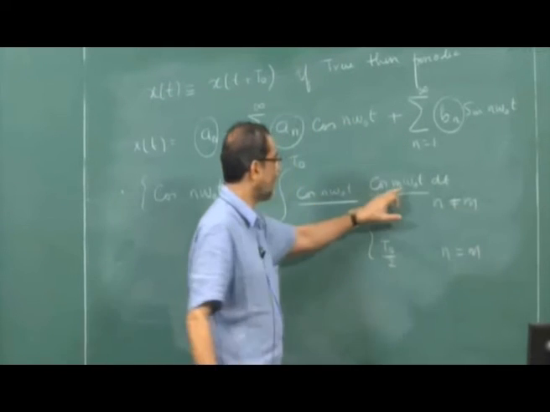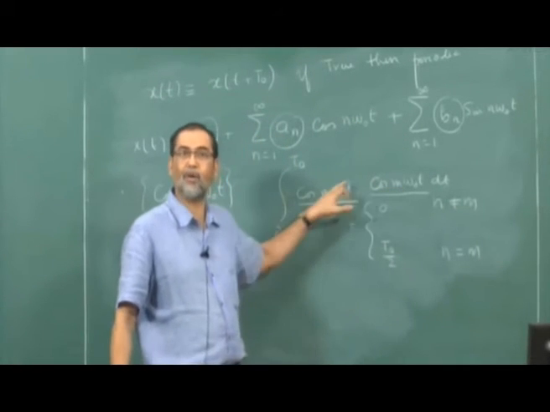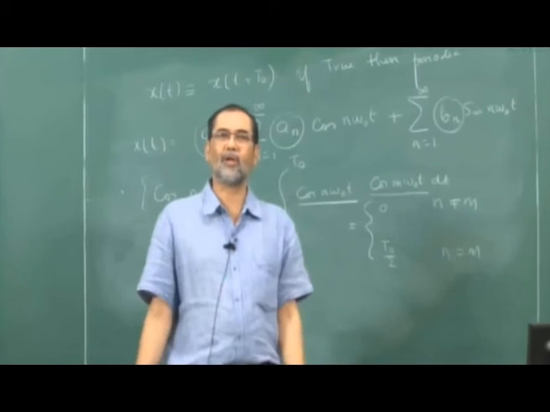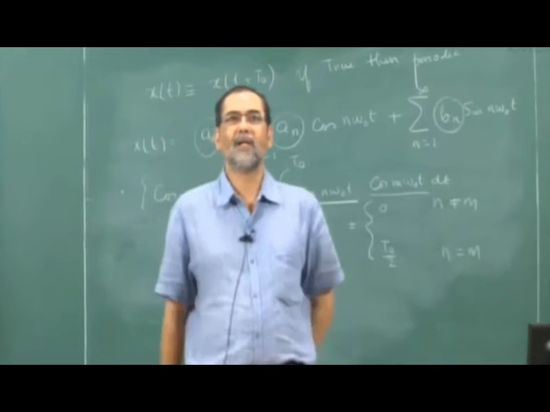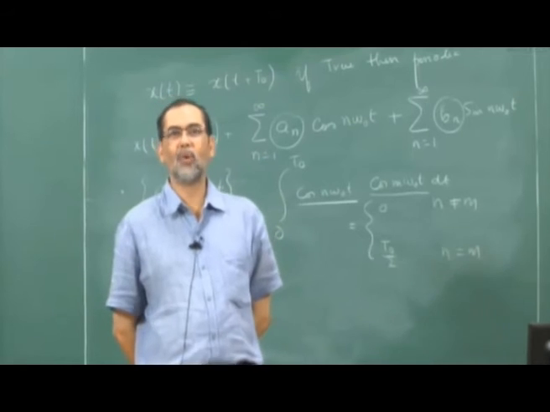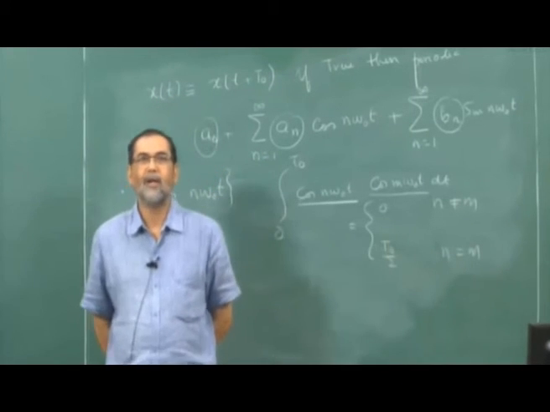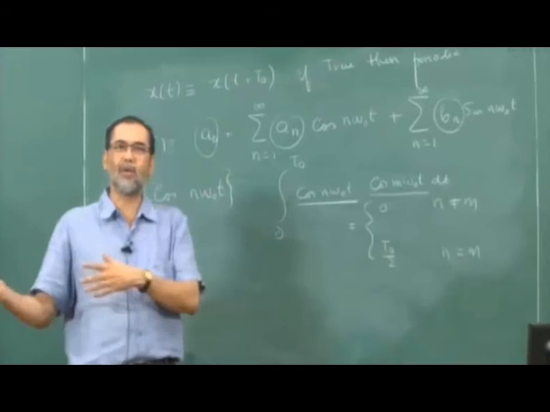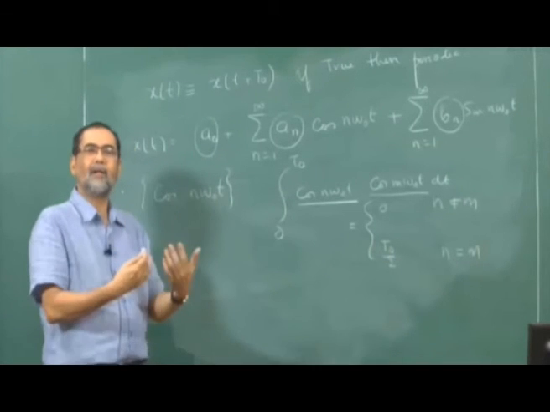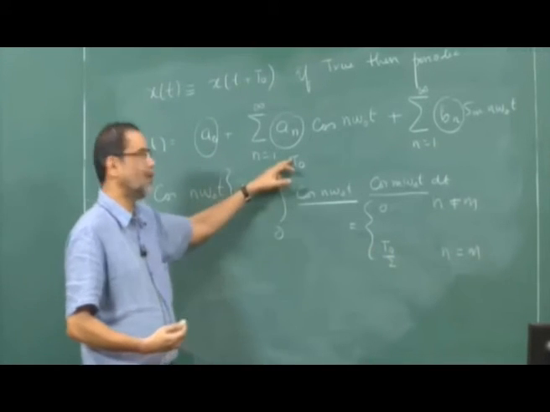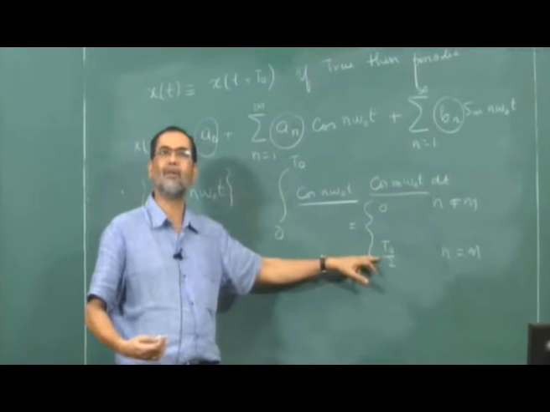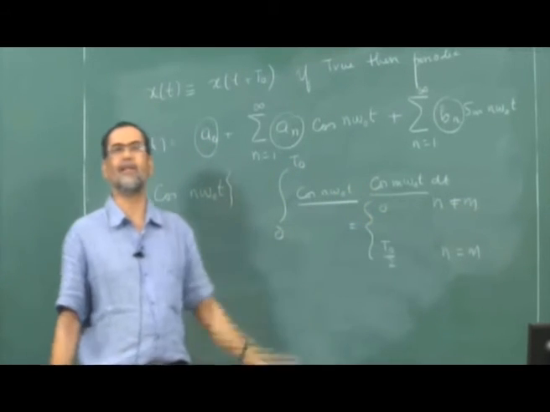If n is equal to m, then it becomes cos square omega naught t. You can write cos square omega naught t as 1 plus cosine 2n omega naught t by 2. The cosine 2n omega naught t term integrates to 0 and you get half into T naught. So this can also be shown quite easily.